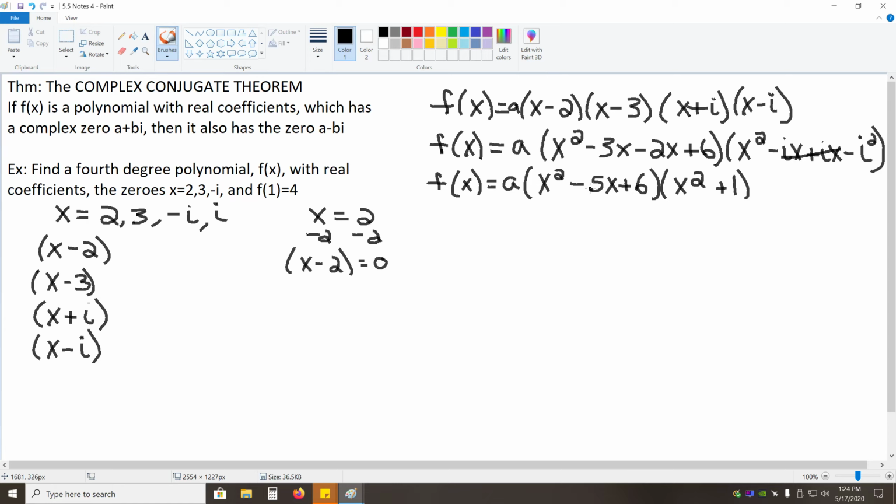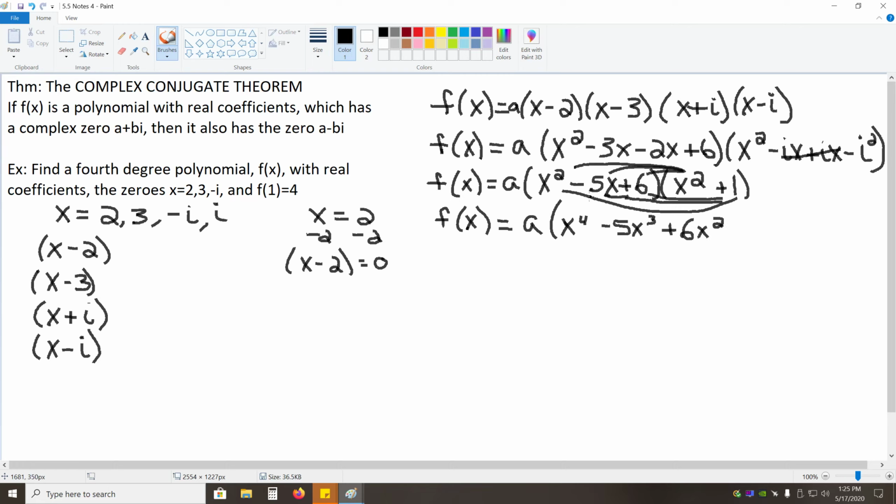And now we'll keep multiplying from here. We're almost finished at this point. We have f of x equals a times, we need to distribute the x squared and distribute the positive 1, which gives us x to the 4th minus 5x cubed plus 6x squared.